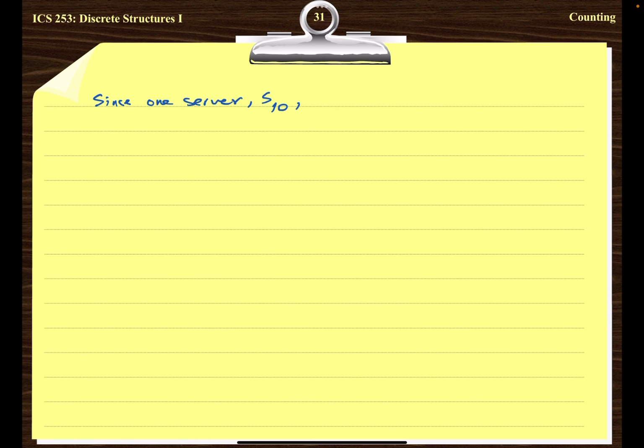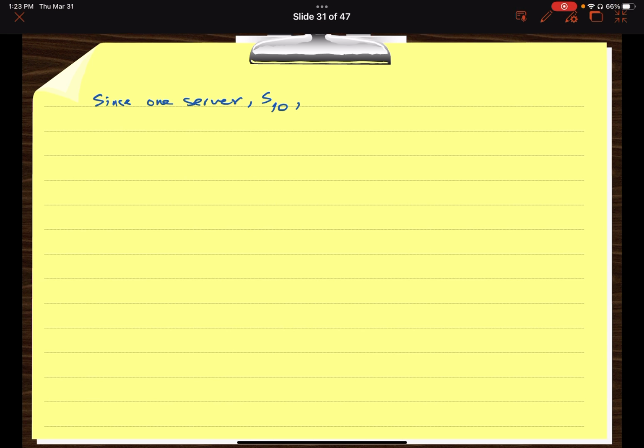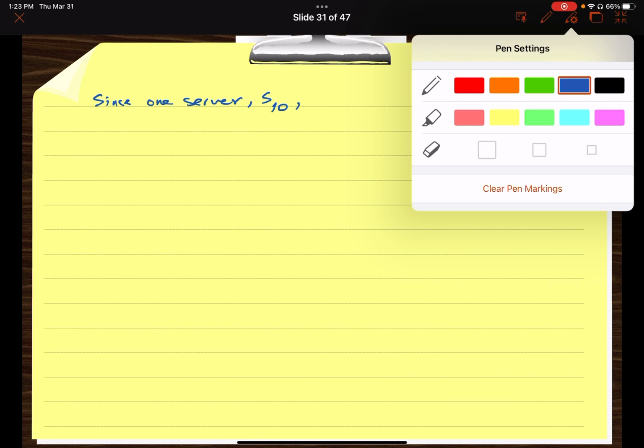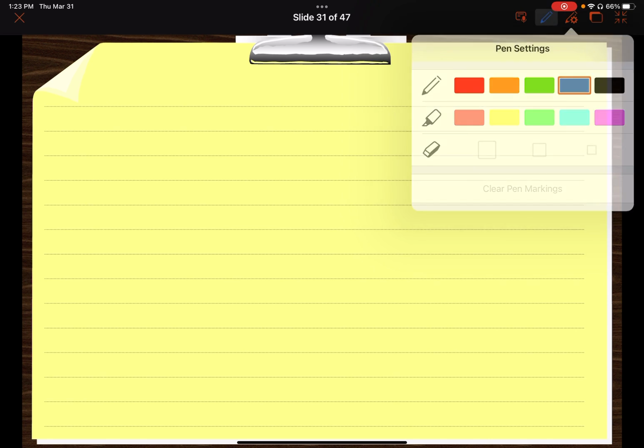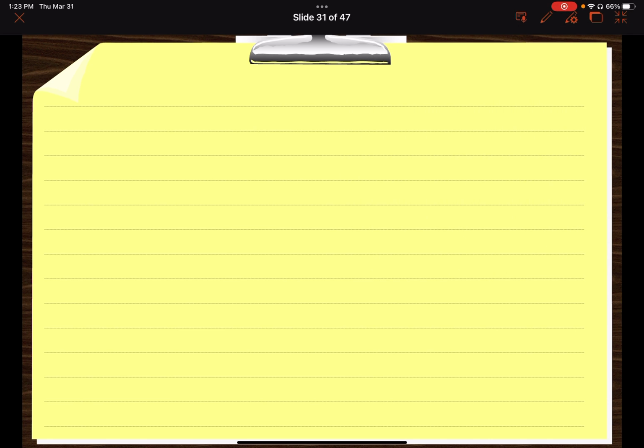If I assumed it's one of them, whether it is S10 or S9, without loss of generality. In fact, let's write it: without loss of generality.